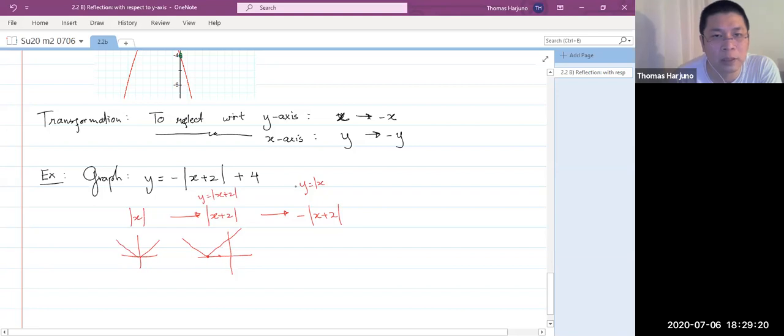Now you replace the y by negative y. So I get y equals to negative absolute x plus 2, right? Now from what we know, replacing y by negative y will reflect the graph with respect to the x-axis. Then finally, y equals to negative absolute x plus 2 plus 4, we'll move that 4 units up.